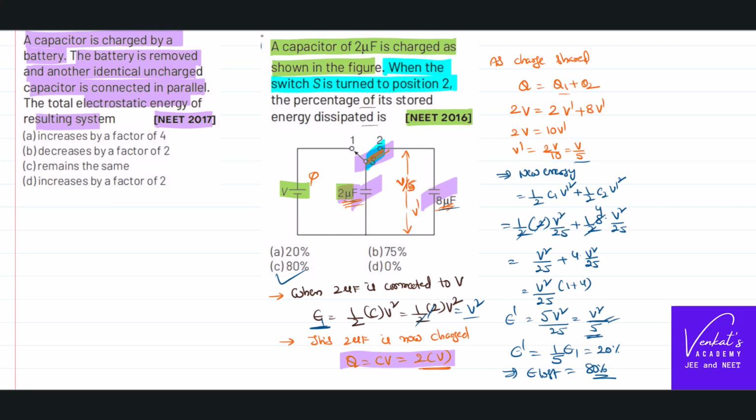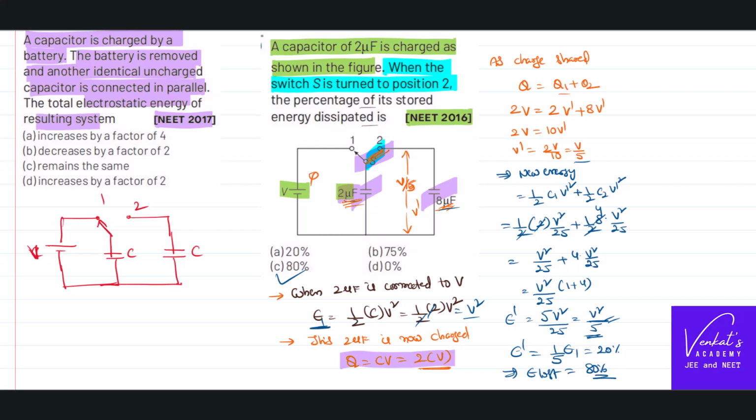Let me draw the diagram. This is V, this is point 1, connected. This is the capacitor C. Now this is the point 2, and there is another capacitor C.